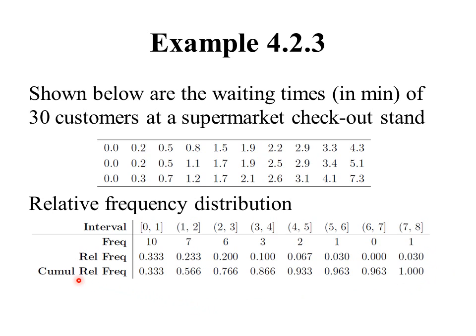Another thing we can calculate is our cumulative relative frequencies, where we just take a running total of our relative frequencies. So this number here is just the first relative frequency plus the second. This number here is this cumulative relative frequency plus this relative frequency, and so on and so forth.